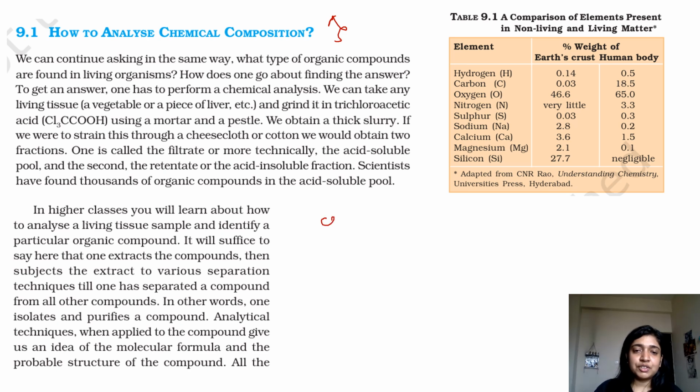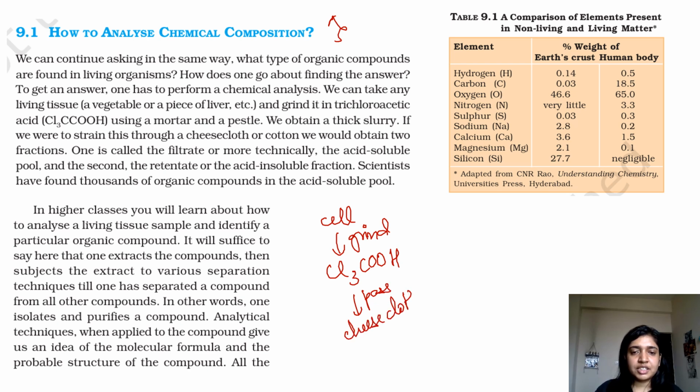So what you have to do is first you have to take a cell, then you have to crush the cell. I mean, grind it in trichloroacetic acid, Cl3COOH. After that, you have to pass it through a cheesecloth, which is a cloth-like substance. It is used to filter.